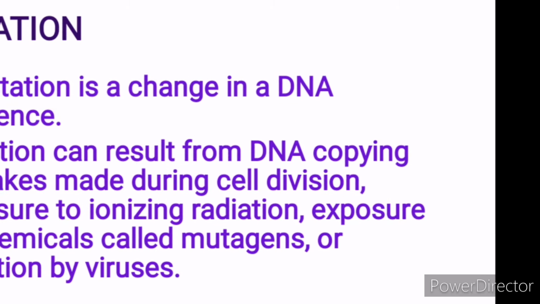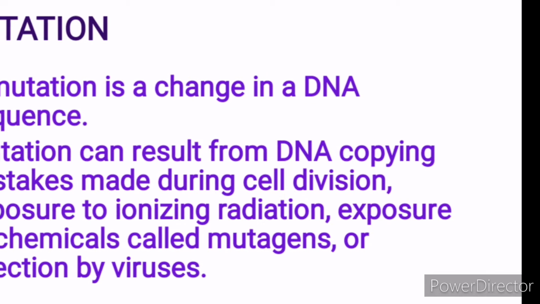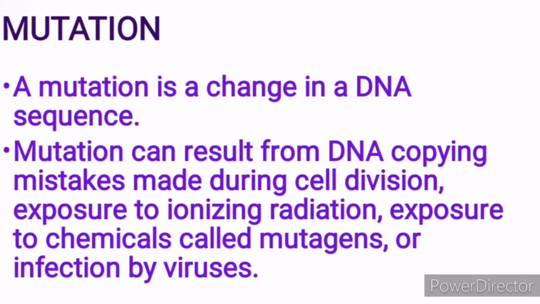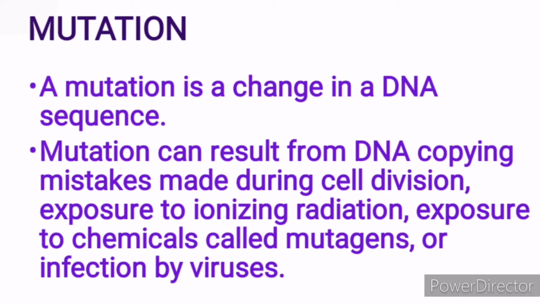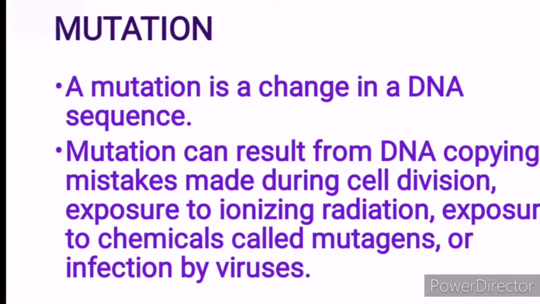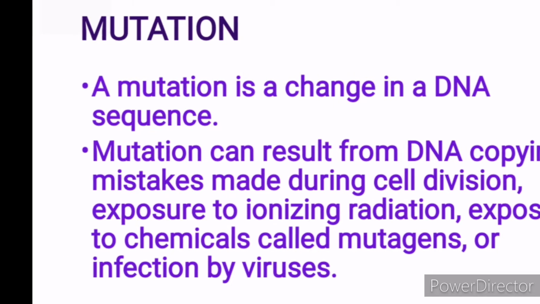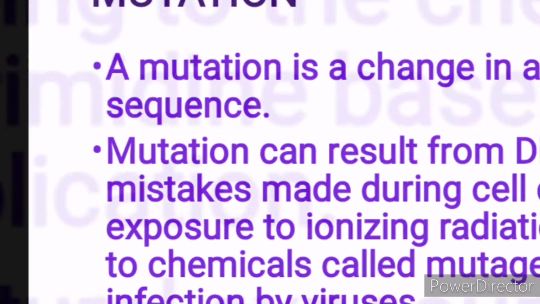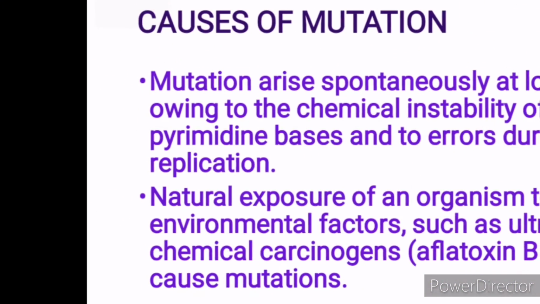What is mutation? A mutation is a change in a DNA sequence. Mutation can result from DNA copying mistakes made during cell division, exposure to ionizing radiation, exposure to chemicals called mutagens, or infection by viruses. Causes of mutation.